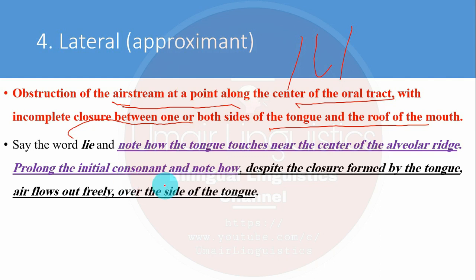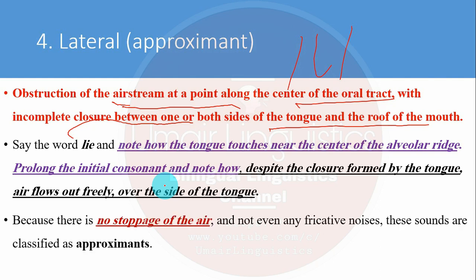For example, when we say l, and after that, if you just breathe in at that position of the l, you will notice at one side of the tongue some cool air. This is a sign that the air is passing over the sides of the tongue freely.